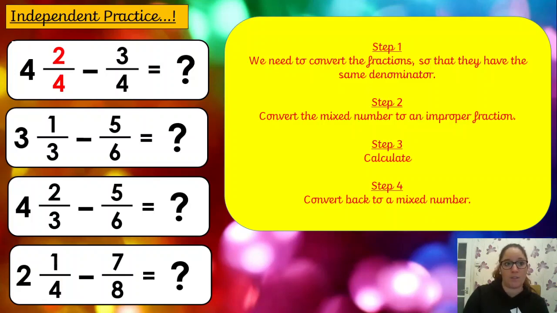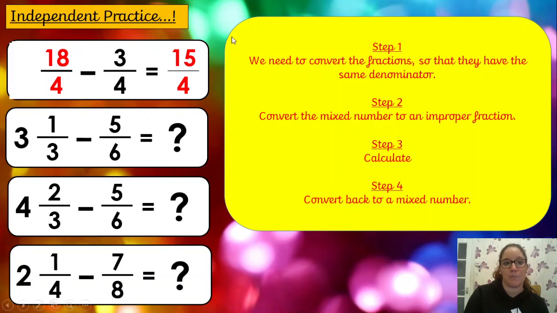To do that, we're going to times the 4 by 4, that's our whole number by our denominator. We're going to add on this number 2, that's all by itself. So that's going to be 18 over 4, because the denominator stays the same. And then you're going to take away 3/4, which is 15/4.